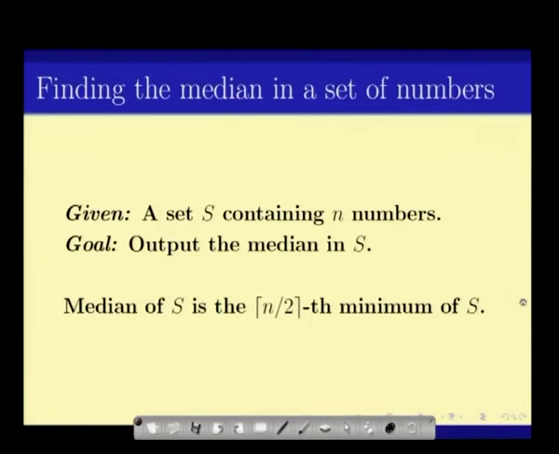It tells us what the average is in some sense, although it is not the usual arithmetic mean; it is a kind of average that tells us the halfway mark in this set. So this is a natural question, and how can we do it?